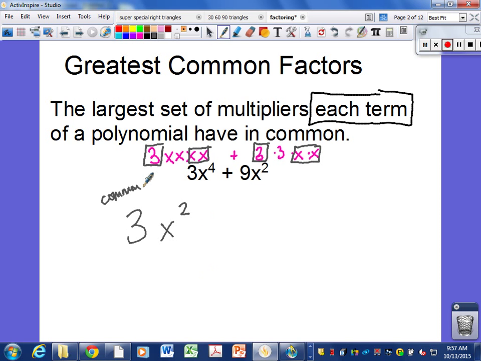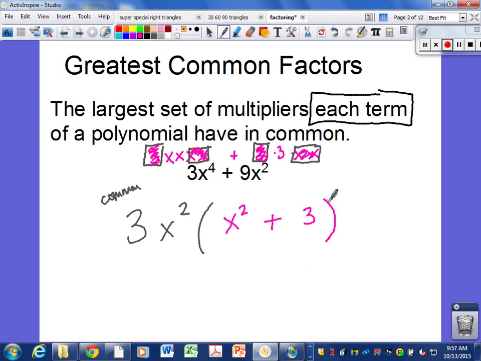Once you run out of things that every term has in common, that's when you put your parenthesis. And you write down what's left. We no longer have a 3, we no longer have 2 x's, so our first term just has x squared left over. And then we have the plus, and our last term has just a 3 left over.